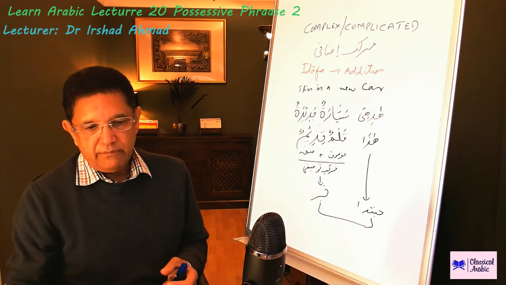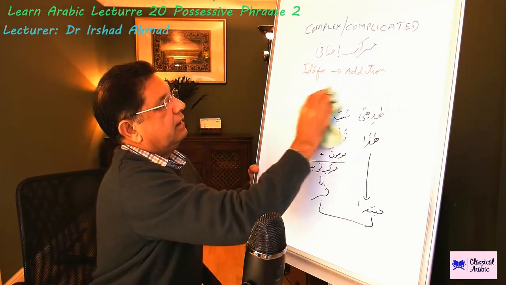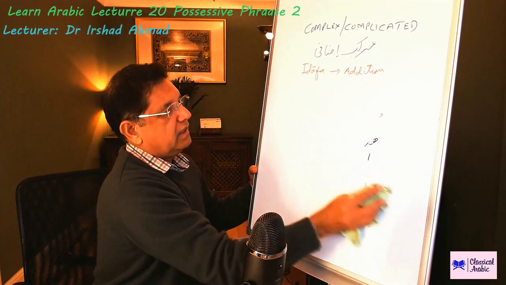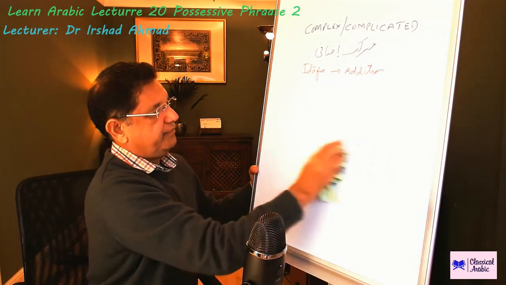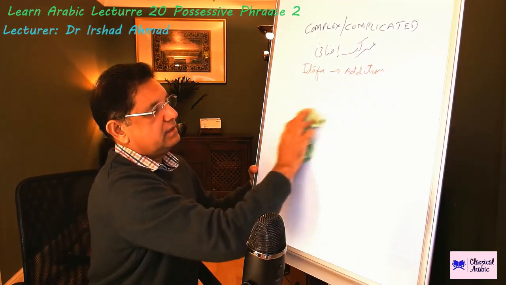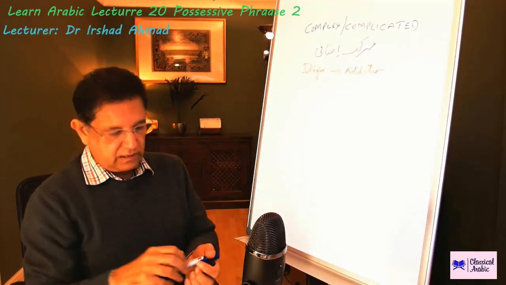I have an example from Quran here, which is part of ayah number 65 of Surah Yusuf, when his brothers come and they are in search of food, etc. So this is about that part of the story.